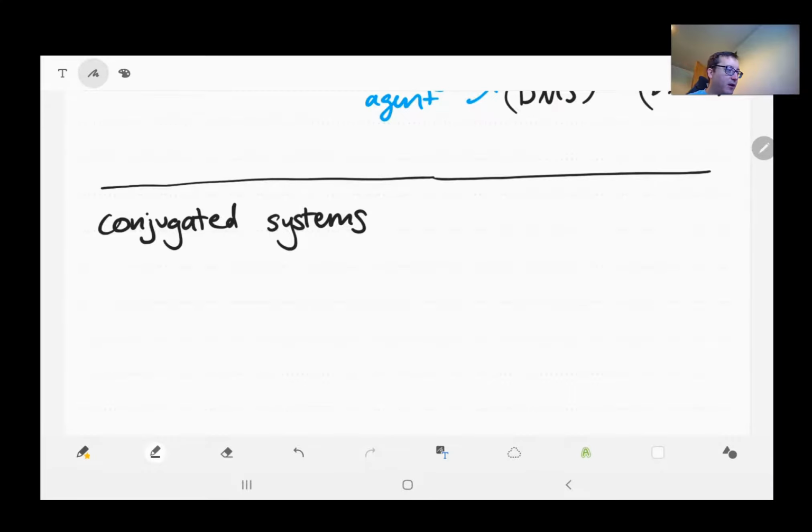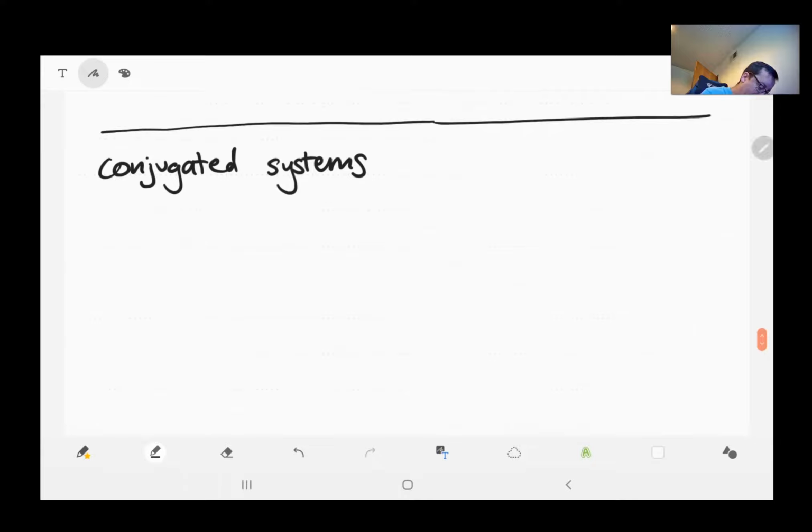We're going to talk about conjugated systems now. Alrighty, so, conjugation. Conjugation is when we have something like this. When you have alternating double and single bonds within a molecule, that's called a conjugated system.